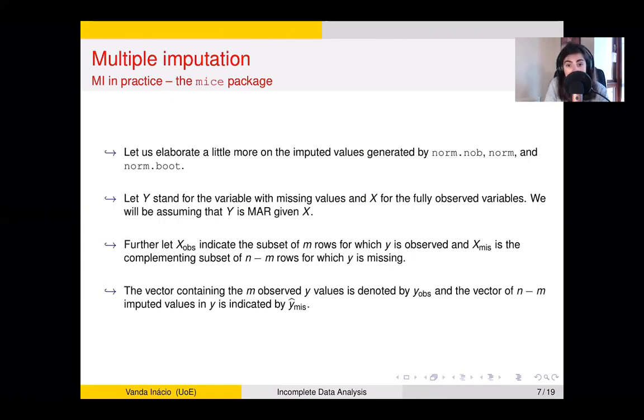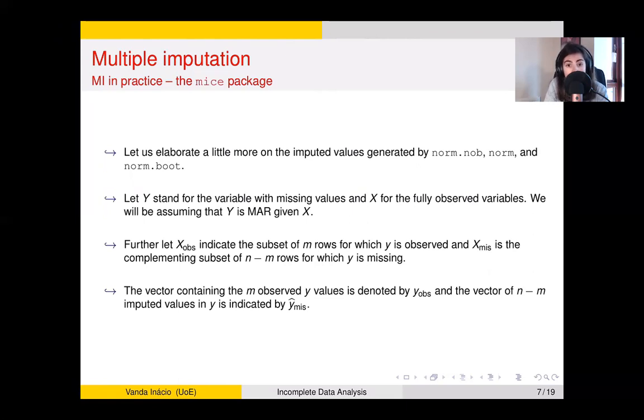This is software that is fast and it's not a black box, but there are a lot of details behind these functions. But let us at least have an idea of what the package is doing.